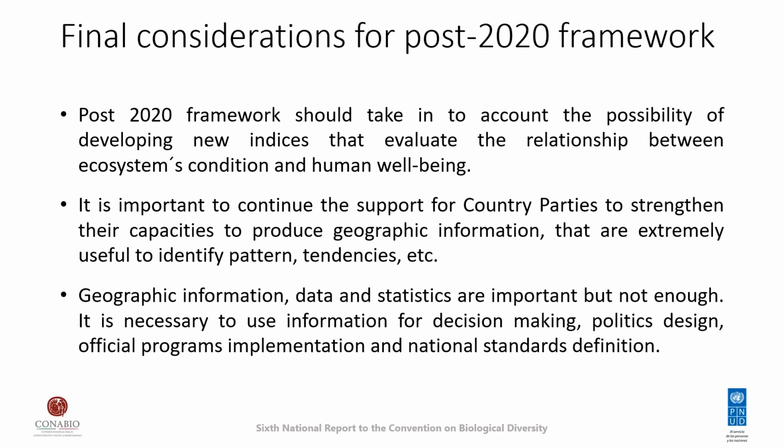And in this sense, the national team is preparing a document like a summary for policymakers, which highlights the main results, challenges, and opportunities learned in the 6th national report, and can help us to understand what we need for progress towards achievement of the biodiversity targets. And that's all.